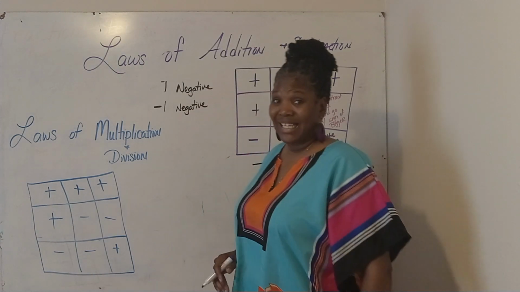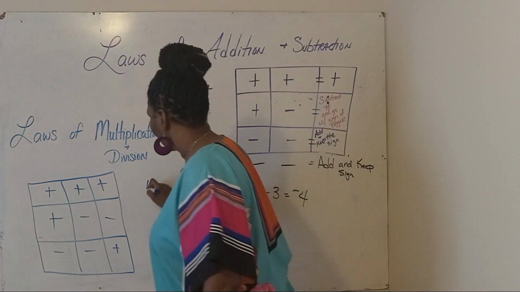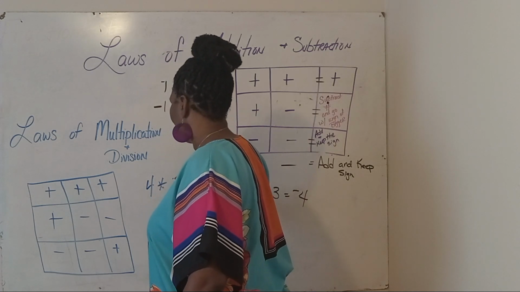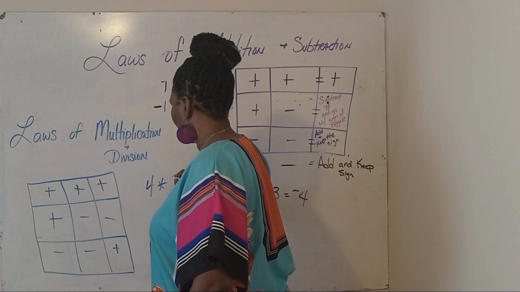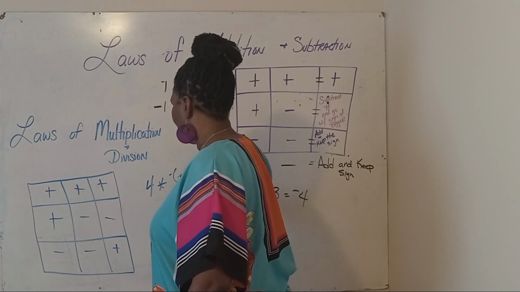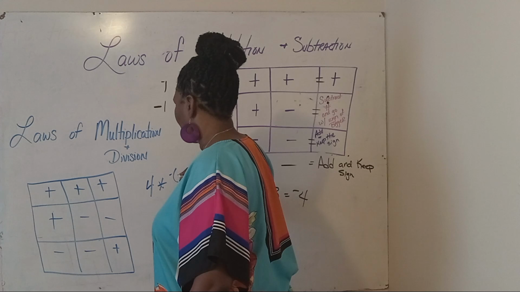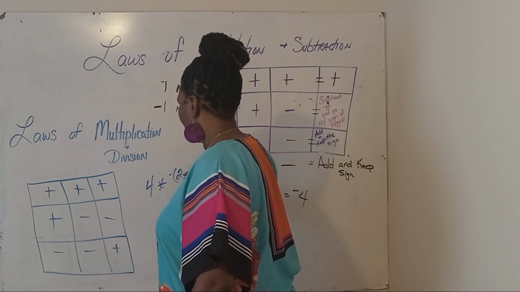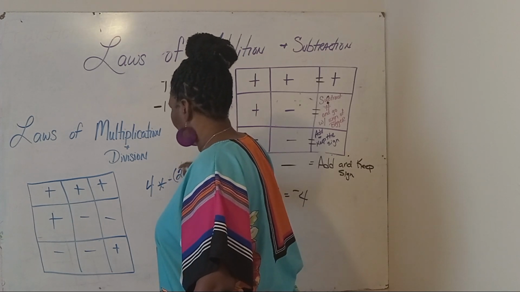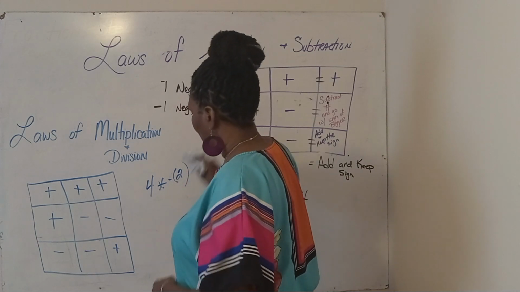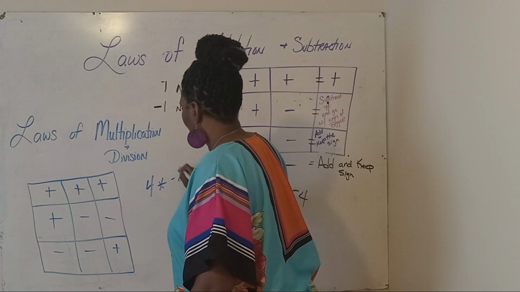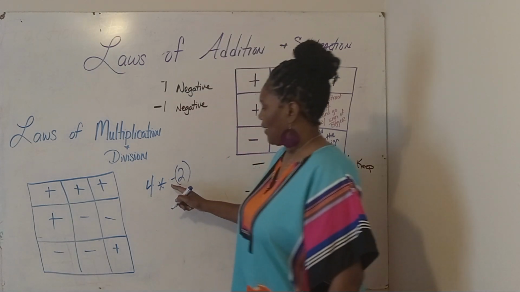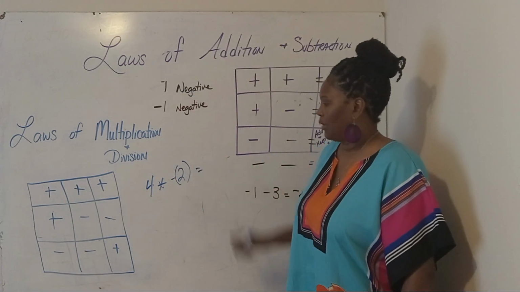But you might see it written like this. 4 times negative 2 equals what?